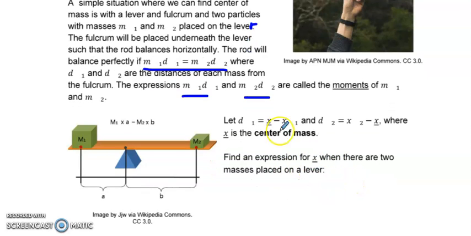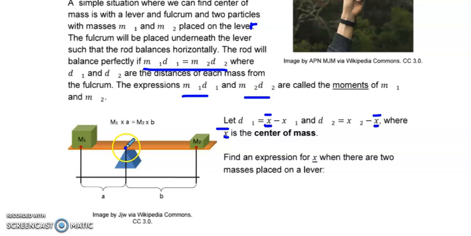We will need them. And we're going to say that the first distance is basically x bar, and this bar should be up here and not down here. Not sure how that printed funny, but x bar minus x1. And the second distance is going to be x2 minus x bar, where x bar is the center of mass.